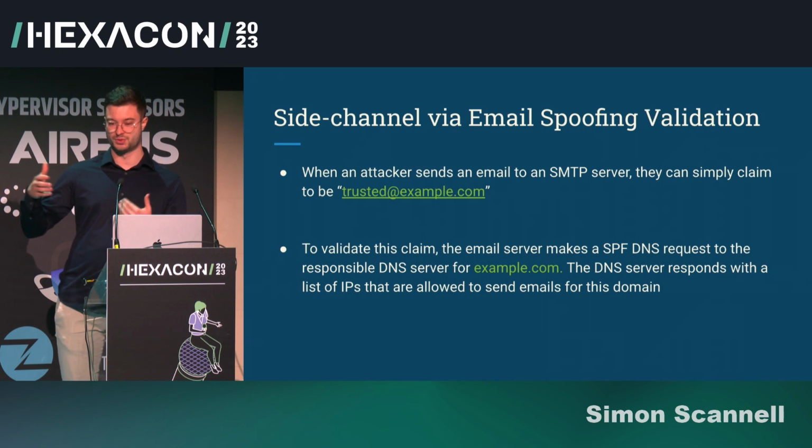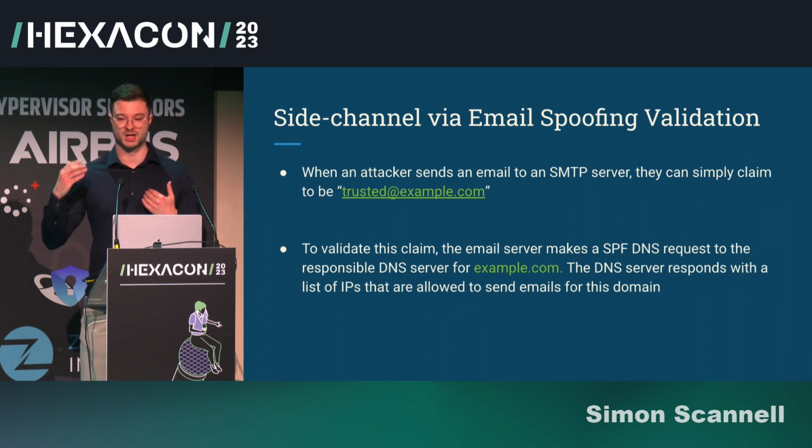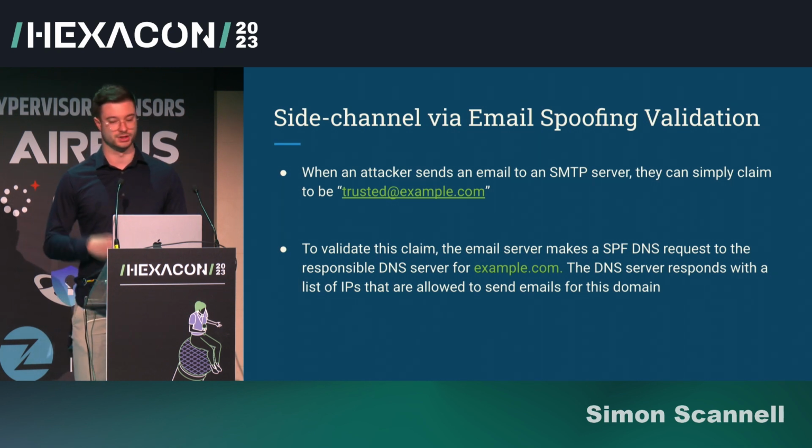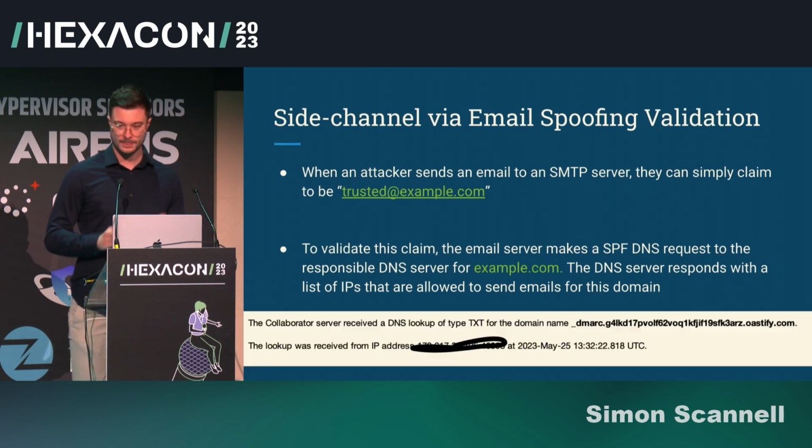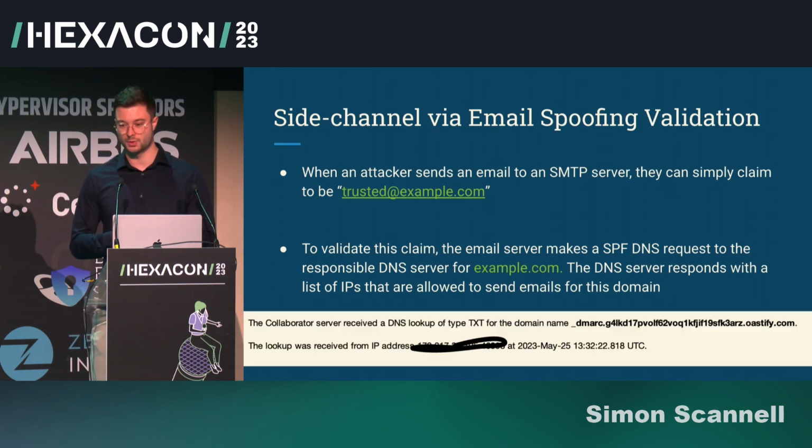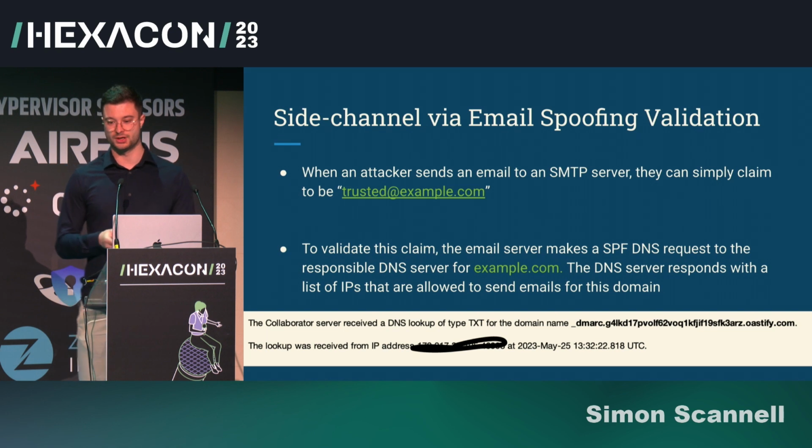When the DNS server responds with a list of IPs, the server validates that the sender IP is included in that list. What we see at the bottom is a screenshot of this type of DNS record being asked. It's a TXT record for a subdomain from Burp Collaborator, sent from the Zimbra setup.